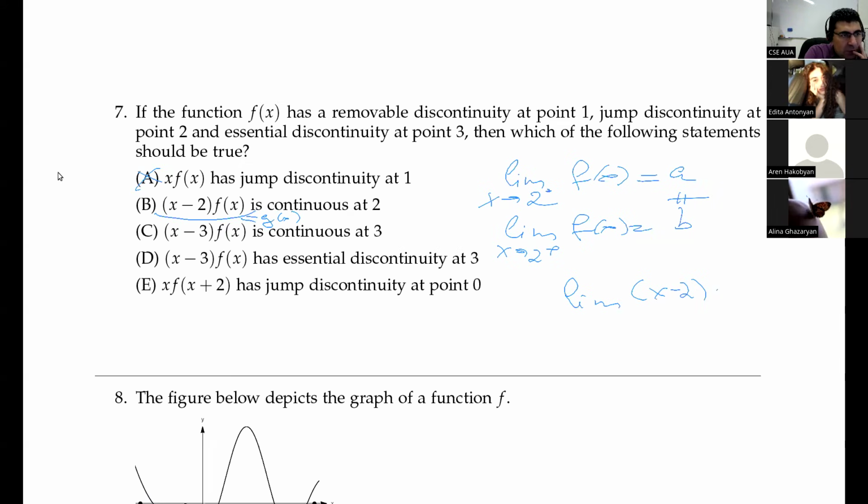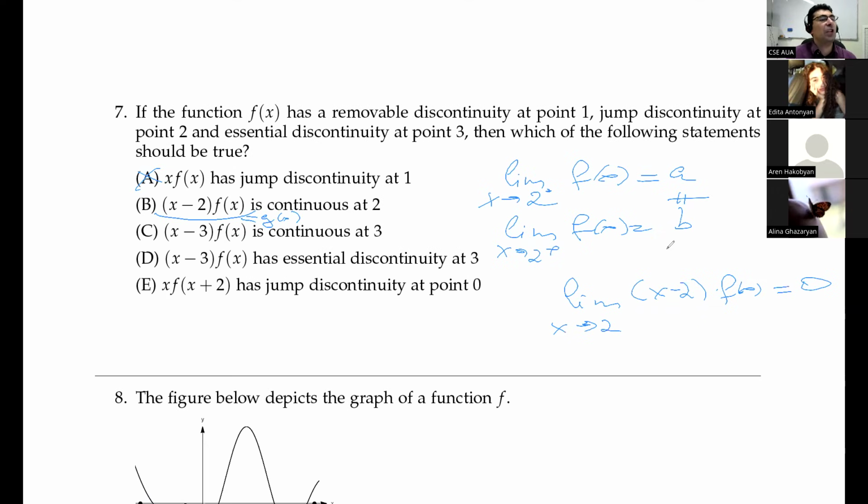From left or from right? From both sides, I agree, because we'll get 0 times a, where a is a constant. 0 times a is 0. And from the right side, it is 0 times b, again 0. So the limits of our function from right and left are equal.